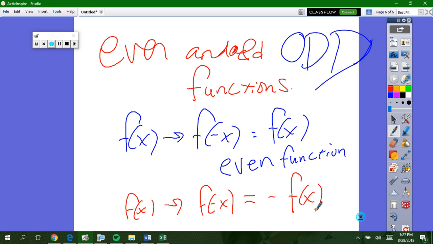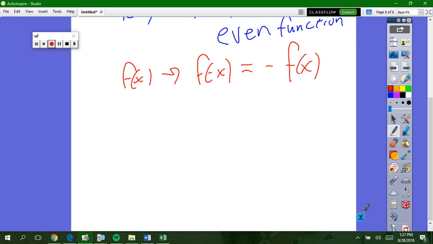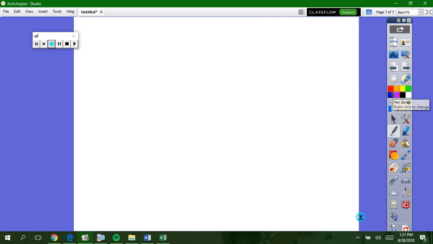Okay, let's show what Isabel already brought up with x squared. Here's our function, testing for symmetry. Ladies and gentlemen, how do I test whether it's even or odd?